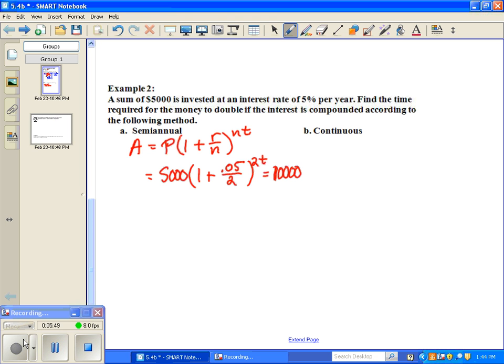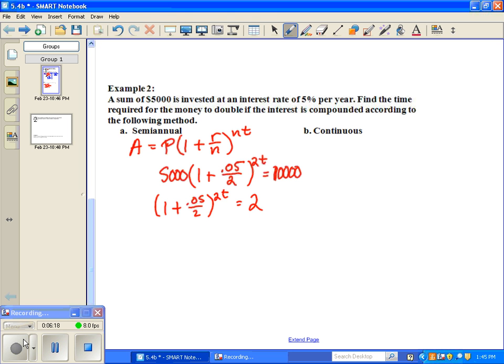Okay, so let's solve this problem. So the first thing I would do here is divide both sides by 5,000, because we want to isolate the exponential part. So we're going to get 1 plus 0.05 over 2 to the 2t equals 2.